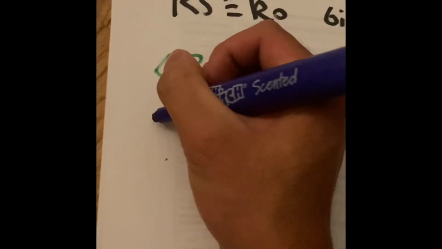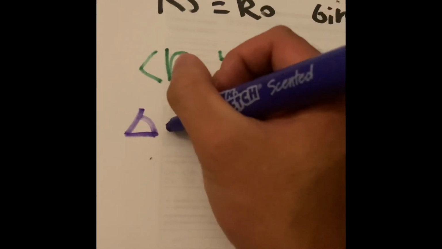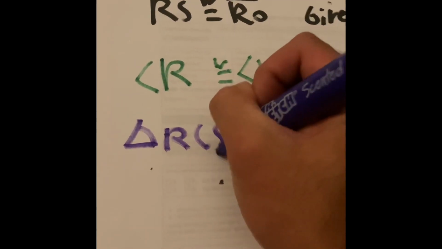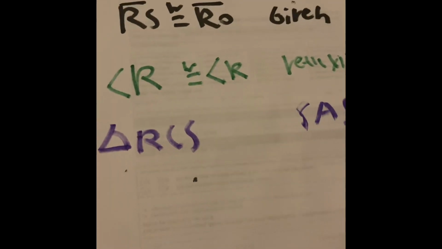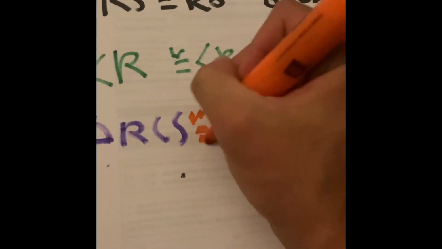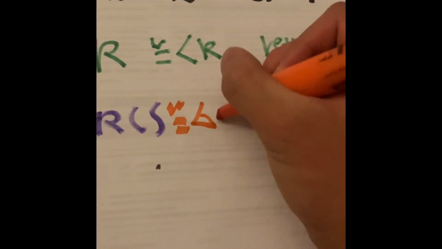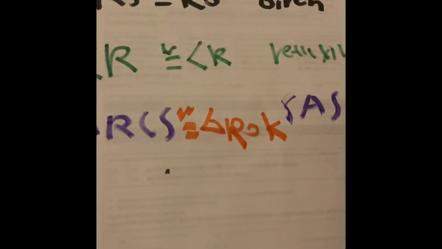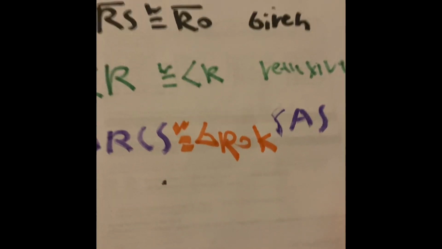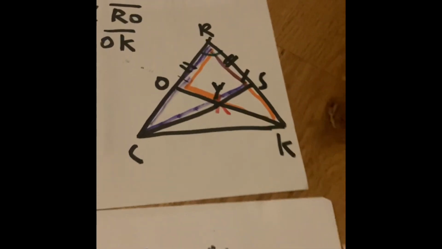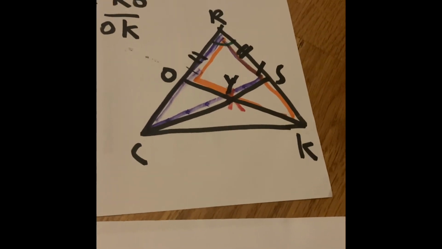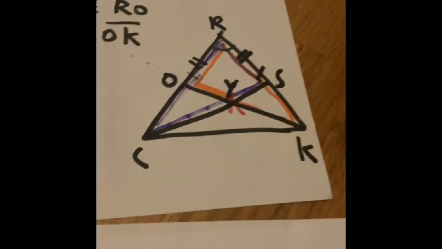And we can say triangle RCS is going to be congruent with triangle ROK. But hang on. We now have two triangles that we have proven are congruent with segment, angle, segment.